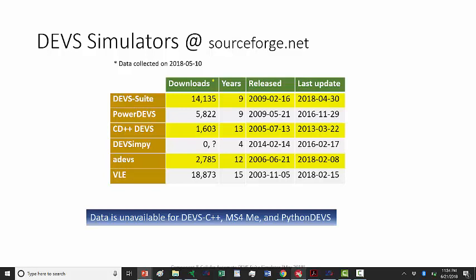And if you're interested in DEVS simulation, here's a listing of DEVS simulation environments available at SourceForge, including DEVSuite, PowerDEVS, CD++, DEVSimPy on Python, ADEVS on C++, and BLE also on C++. There are also other environments, including MS4Me, which is the only commercial environment at this time.